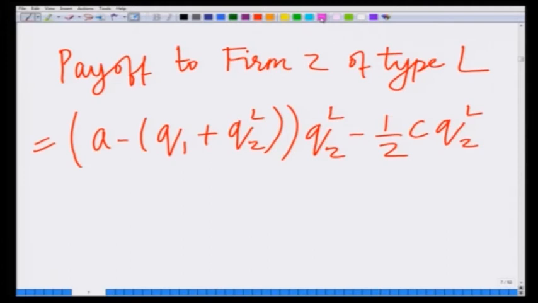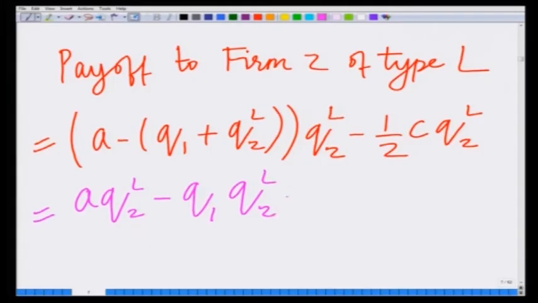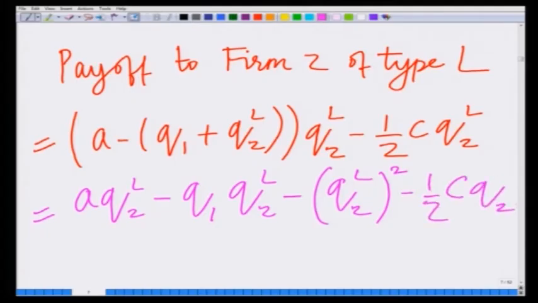The price A minus Q1 plus Q2L times the quantity Q2L is the revenue, minus half C times Q2L, which we can simplify as A Q2L minus Q1 Q2L minus Q2L square minus half C Q2L.